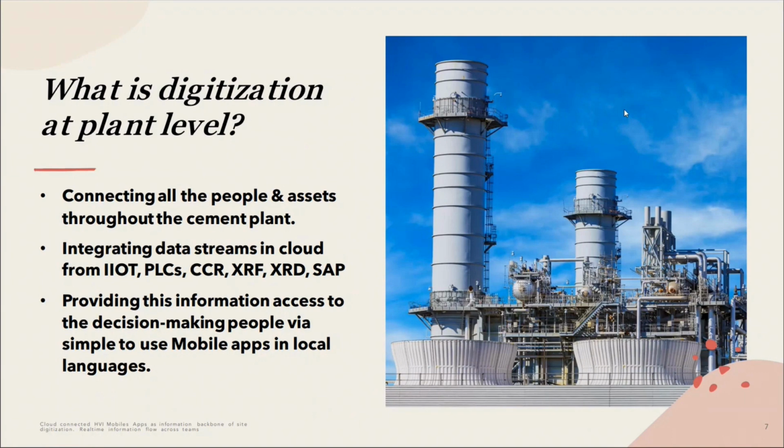Having all that information seen together is the step one, because that creates a different value chain of information to the decision makers, be it at the plant level, department level, or the cross-department information. But that is the beginning of the process of optimization, productivity gains, and everything connects from there.